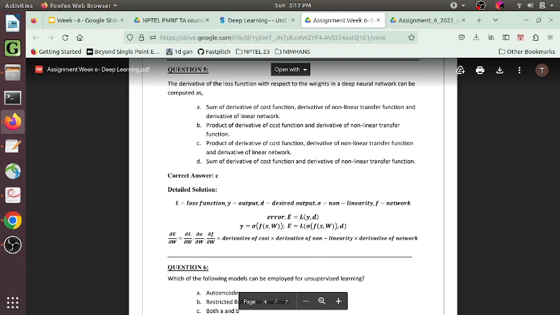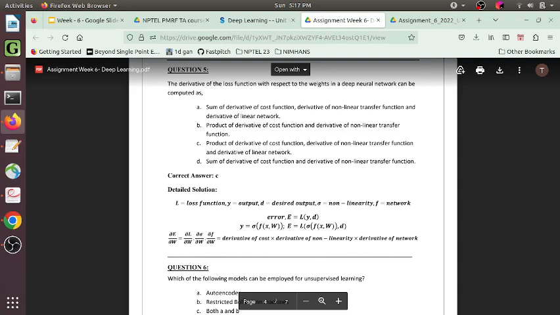Now you will have some target value for this output, right? Let's say that is t. So your loss is some function of y and t, that can be mean squared error, mean absolute error, cross entropy, some function of y and t, and this y is computed like this.